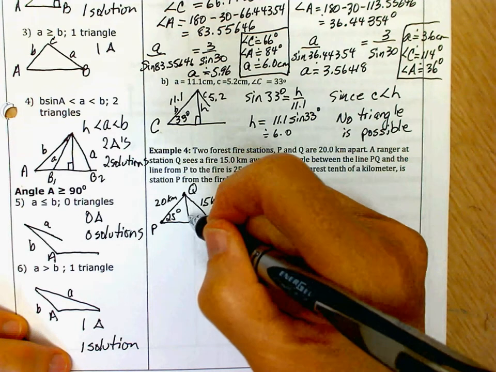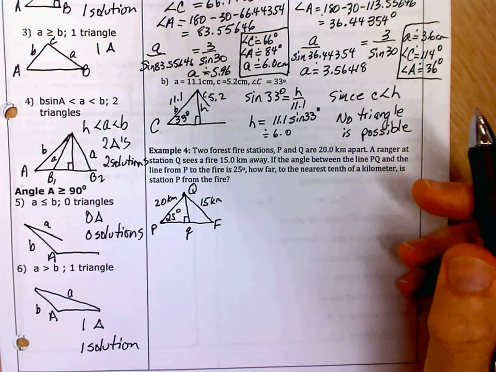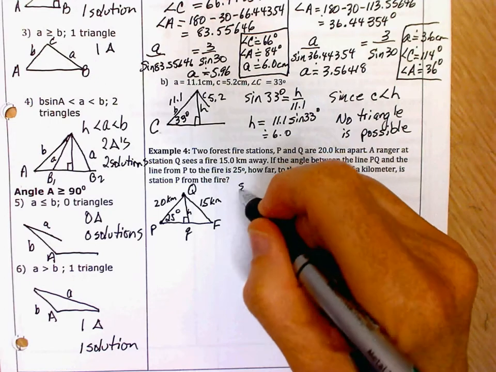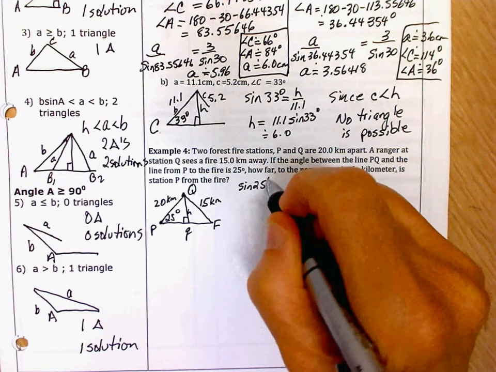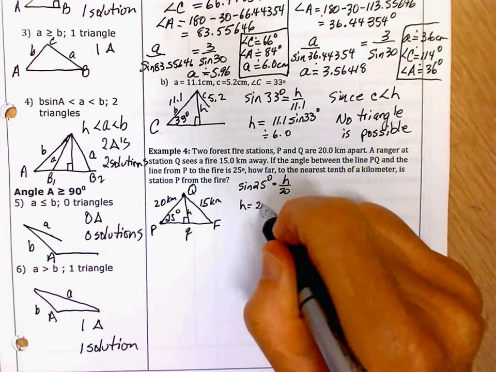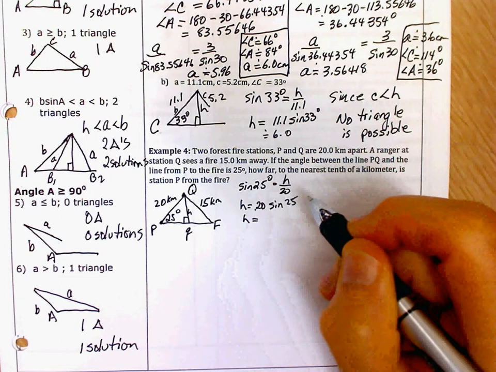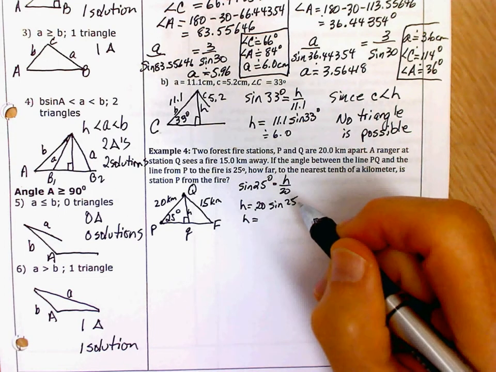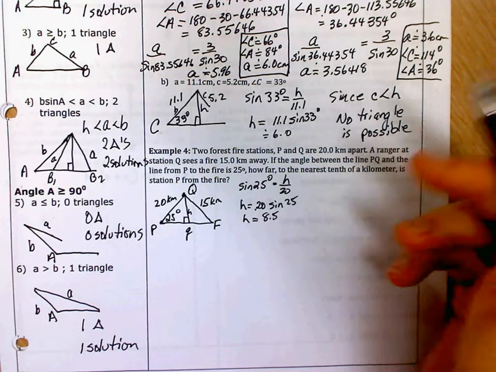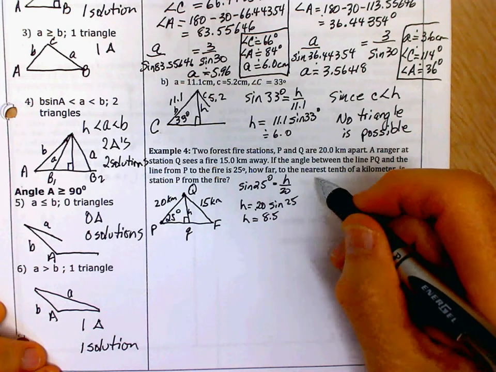So h sine of 25 degrees is equal to h over 20. H equals 20 sine of 25. H is approximately equal to 8.5. Uh-oh. Notice that h is less than little p is less than little f, right?